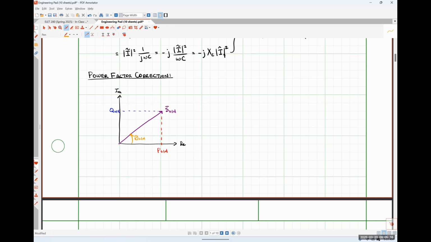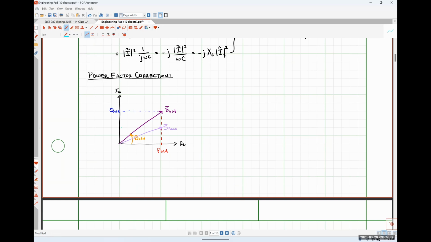So we might have something like this. Let's say this light purple vector could represent S new, okay?